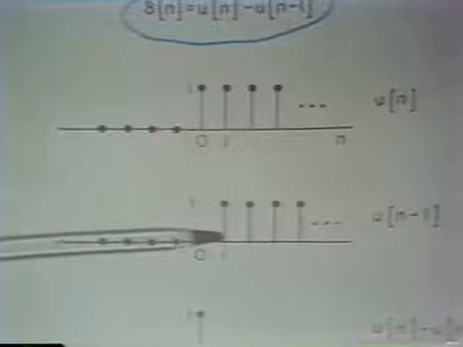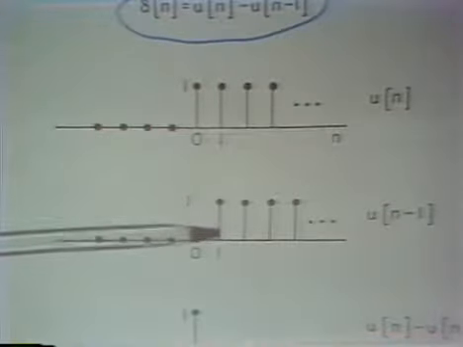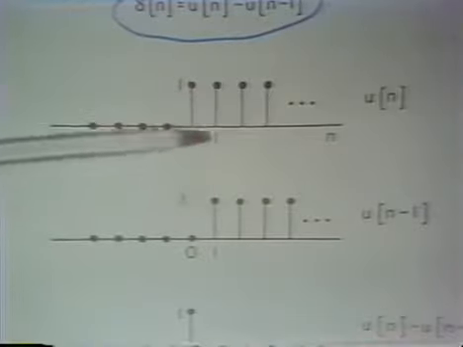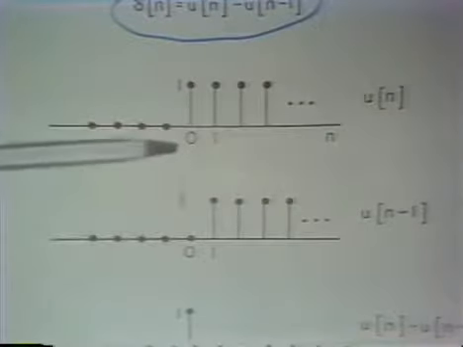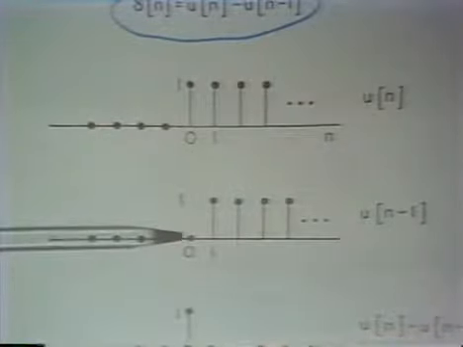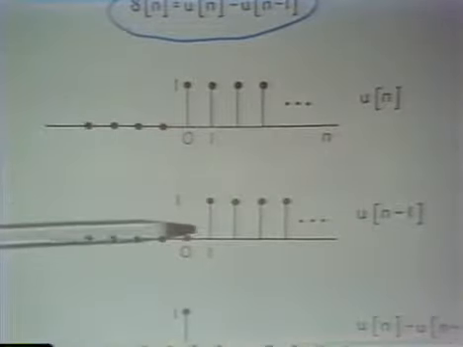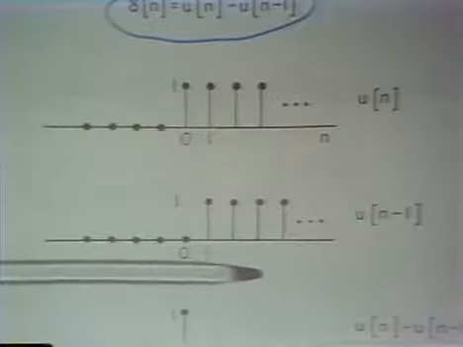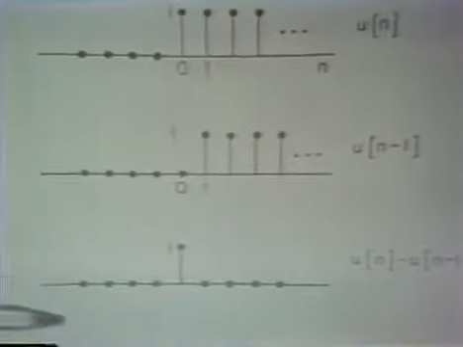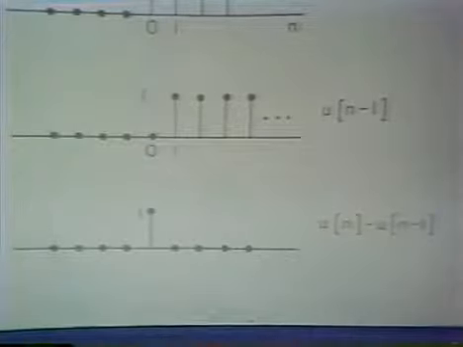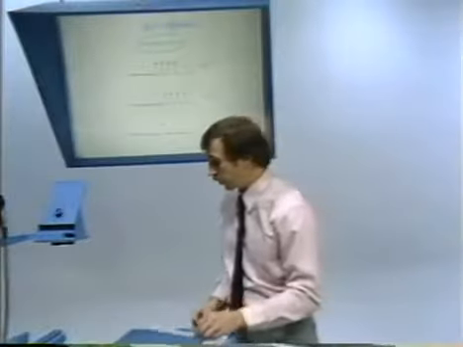And clearly, if we subtract the delayed step from the original unit step, everything subtracts out except at n equals 0, at which point the difference is equal to 1. And so the difference between u of n and u of n minus 1 is simply the unit impulse, sometimes incidentally also referred to as the unit sample.